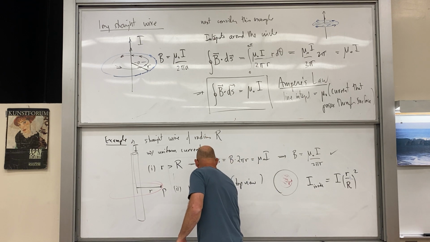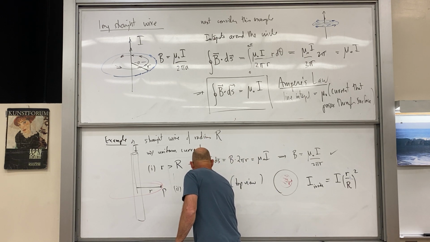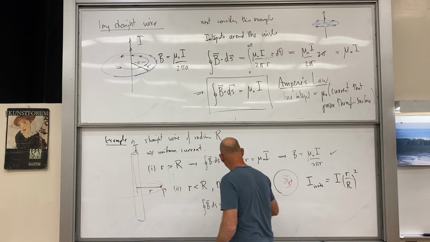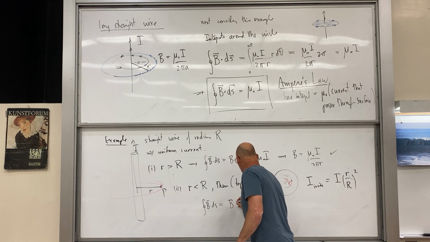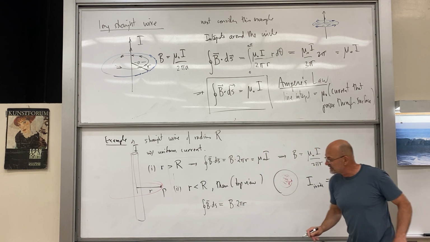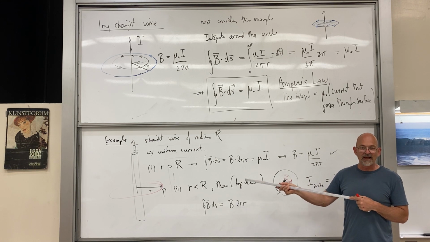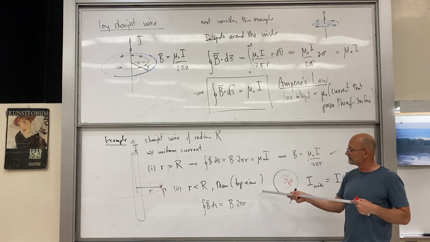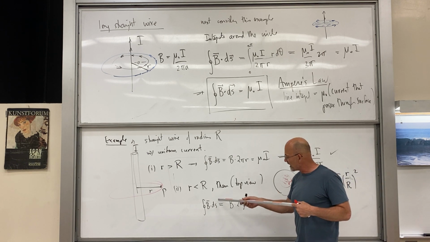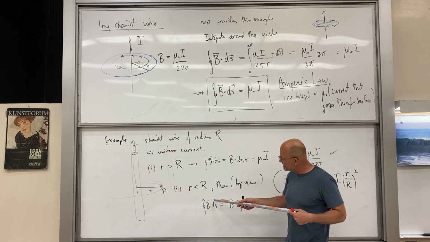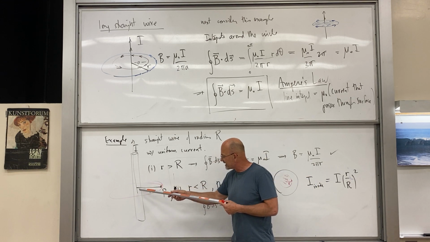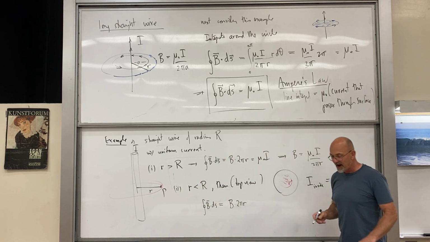And this integral here now, we have integral B dot ds is on the one hand going to be B times 2 pi r. And I should say something before I go on with that. It's the very similar symmetry arguments that we had with Gauss's law. Namely, there's no other directionality possible besides this tangential directionality, whether you're inside or outside.